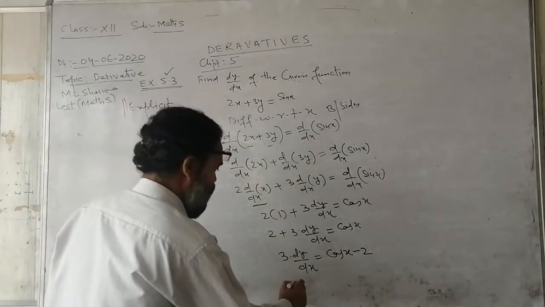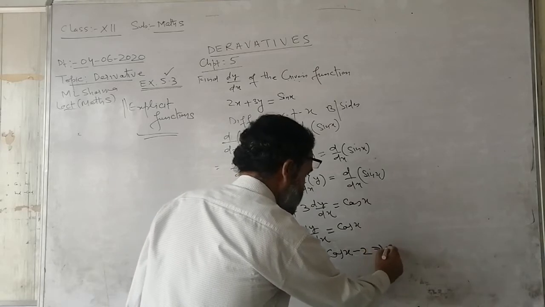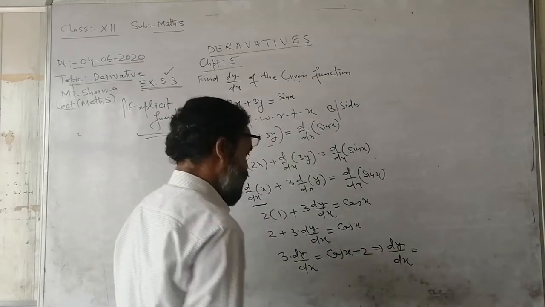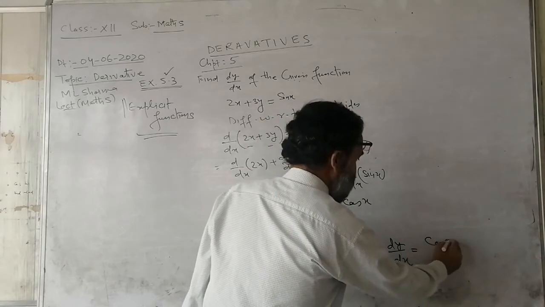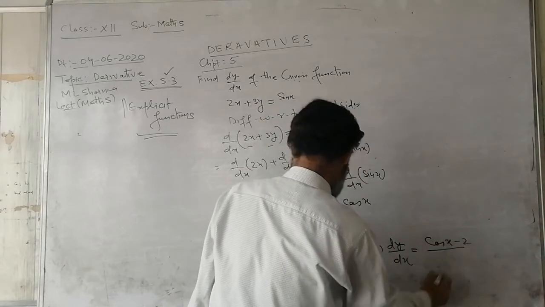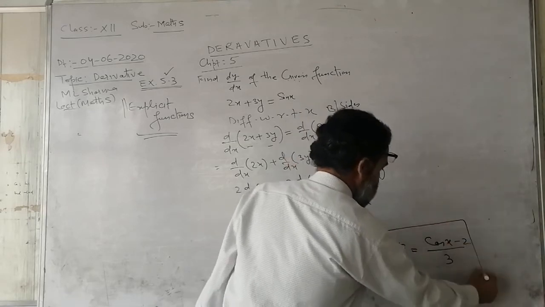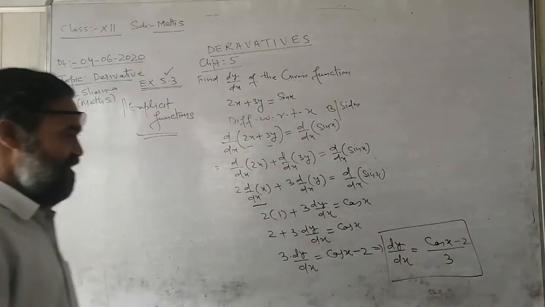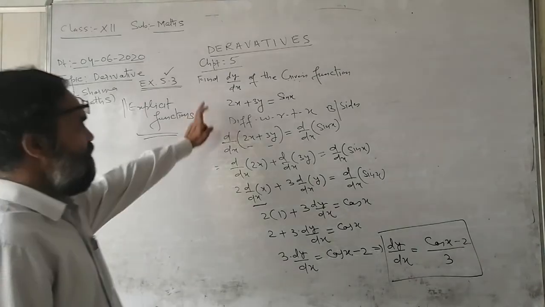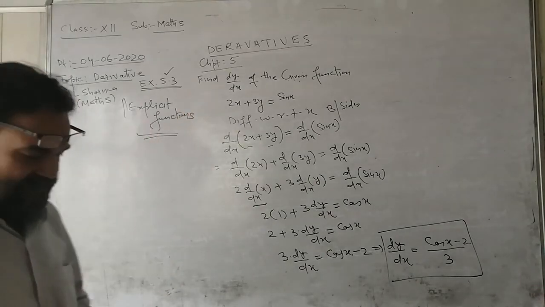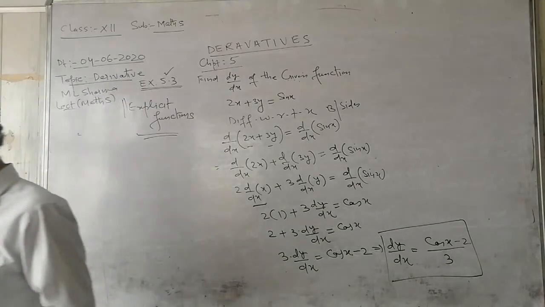Or dy upon dx will equal cos x minus 2 upon 3. So this is the value of dy upon dx of the given function. They are simple questions, easy to solve.